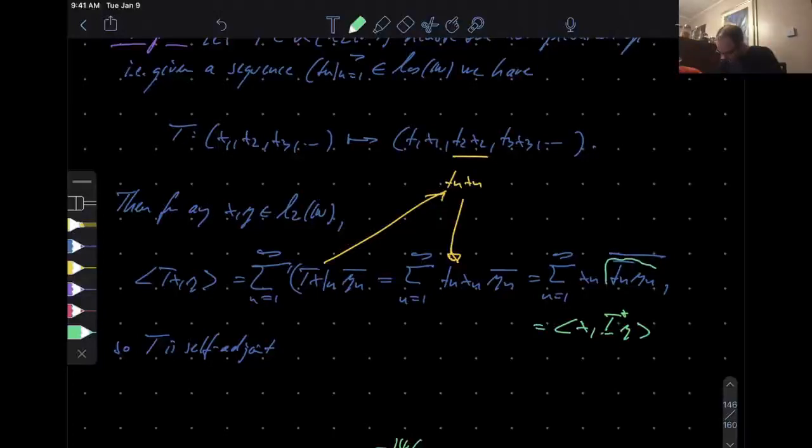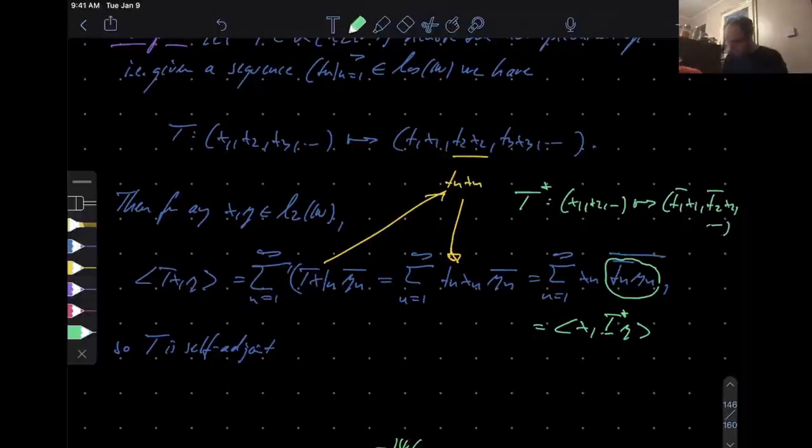So I put the yellow bubble above the bar of the tn, right? So it is multiplication, but multiplication with complex conjugate t's, right? So x2, that is the adjoint: t1 bar x1, t2 bar x2, and on and on and on, right?